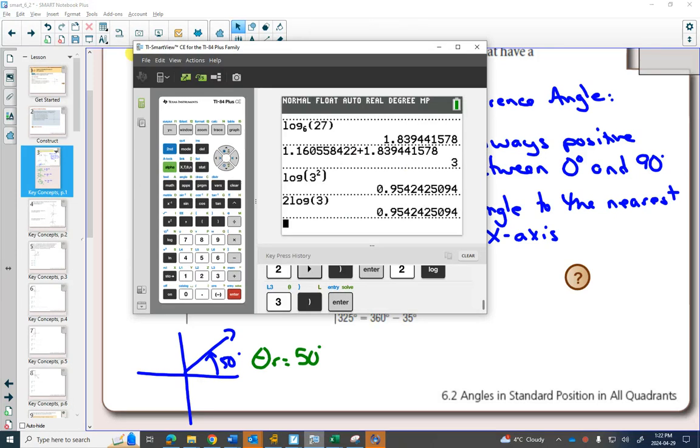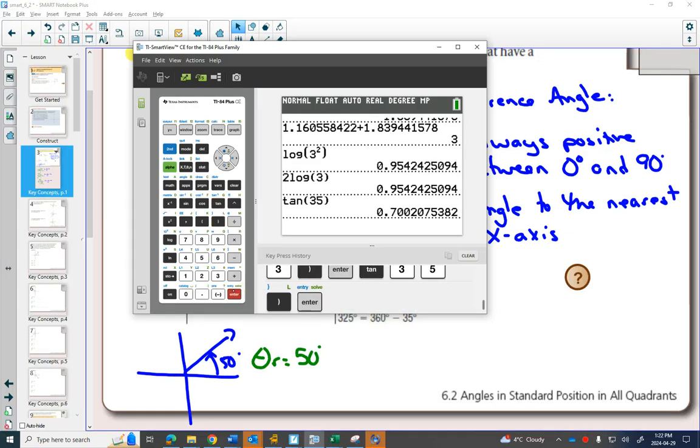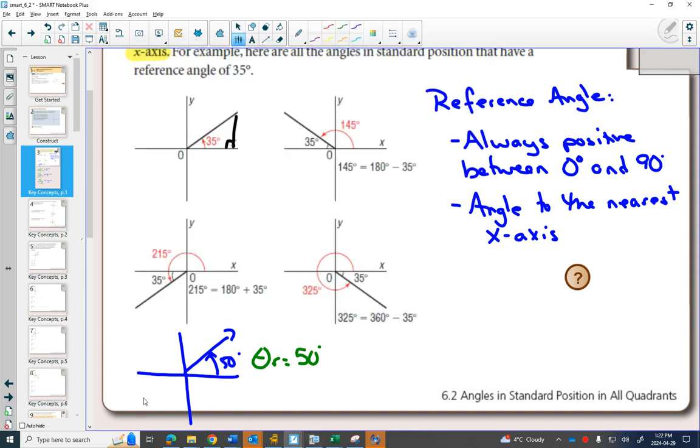So for example, if I choose tan, and I say tan, maybe, of 35, it gives me 0.700. Tan of 35 degrees, which is approximately 70 over 100 or 7 over 10. Maybe I'll use 7 over 10.